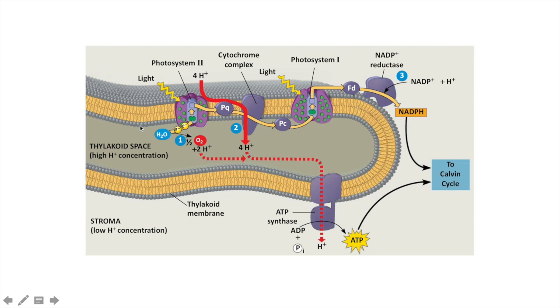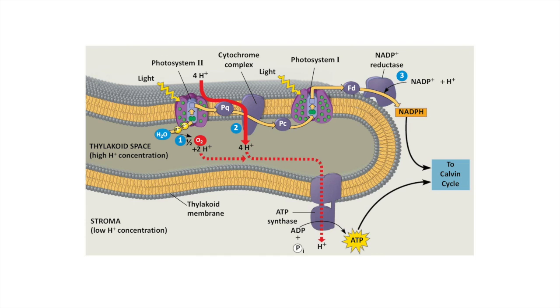So here's what it looks like in another type of representation. You can see we've got our two photosystems. We're looking at the coin-shaped thylakoid, which has a space on the inside, and then the outside is in the stroma, maximizing surface area. And just like in cellular respiration, we are putting those electrons to work by pumping protons from one side of a membrane to another to generate a concentration gradient.